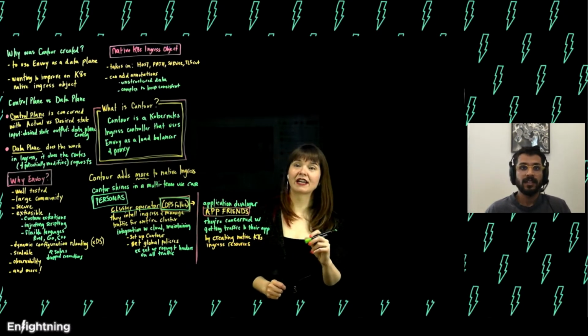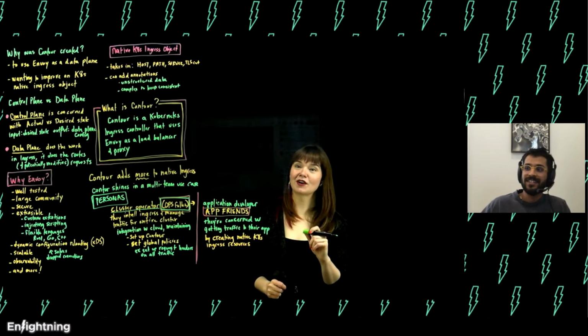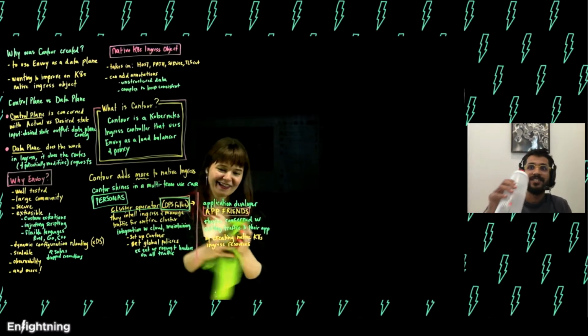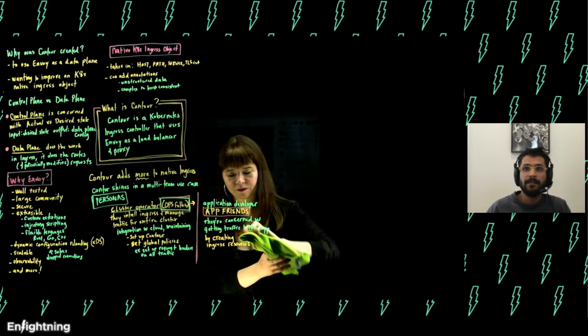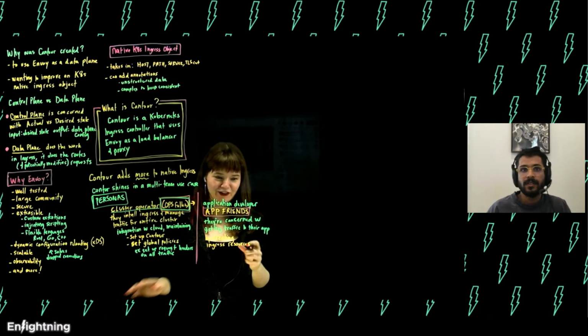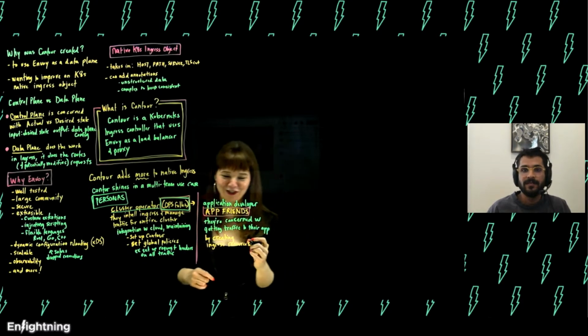Can we say by creating Contour related Ingress resources? Sure. And that would include the native Kubernetes one, it sounds like. Yep. But maybe that'll segue us into talking about all the Contour Ingress resources.